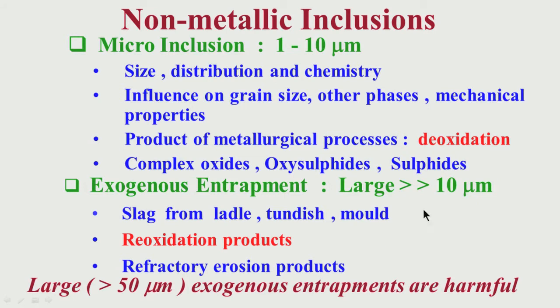So, at steel making temperature, some of them are solids. So, this will create a lot of problems. This will create nozzle blockage during casting. So, we have to be very careful, and their sizes are quite big. We can see these reoxidation products with our normal eyes, that means they are more than 100 micron in size.